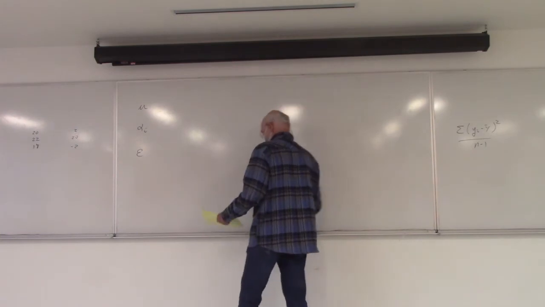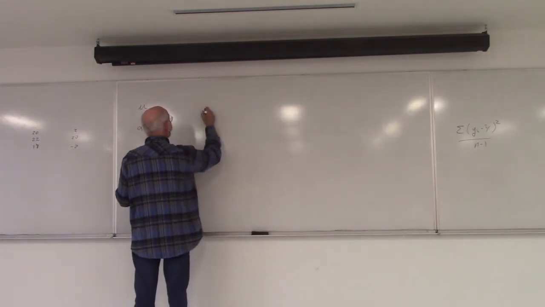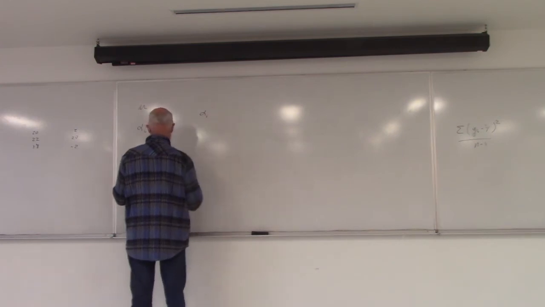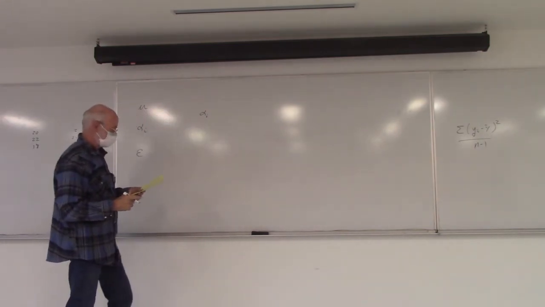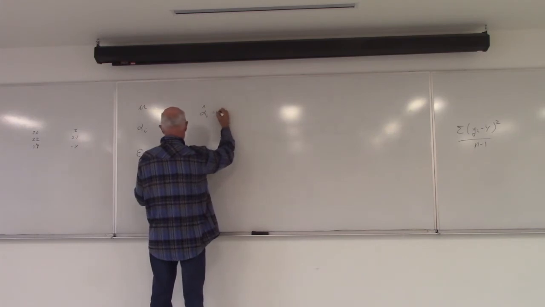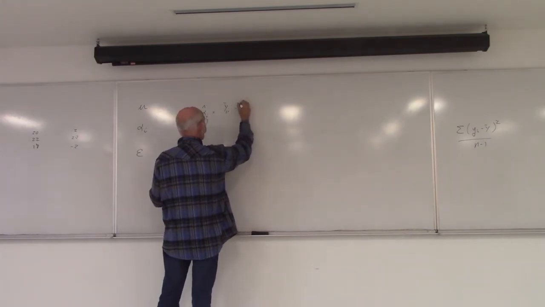And then finally, how about alpha i? Our estimate of alpha i is going to be equal to y i dot bar minus y bar dot dot.